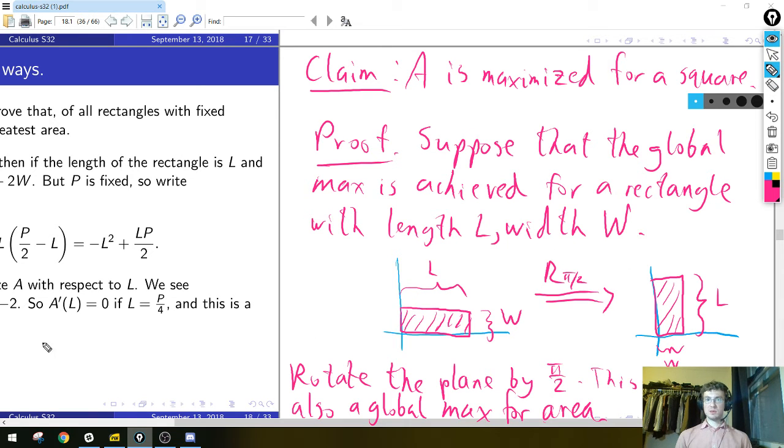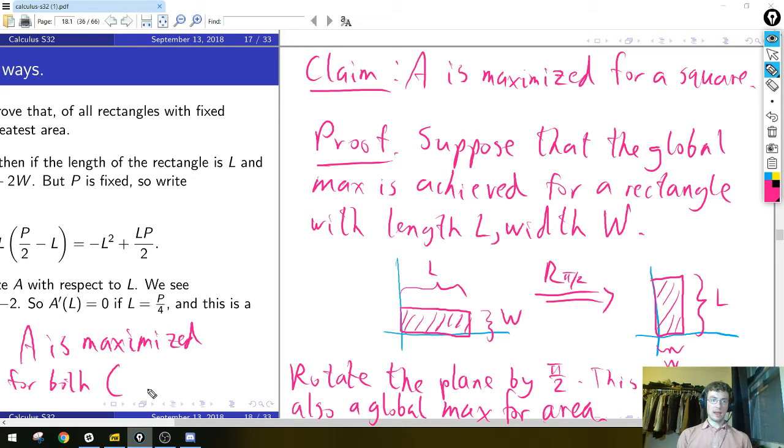This means that A is maximized for both a rectangle with horizontal dimension L and vertical dimension W, but also the alternative, one with horizontal dimension W and vertical dimension L, because if you rotate it, this is still a global maximum since area does not change.